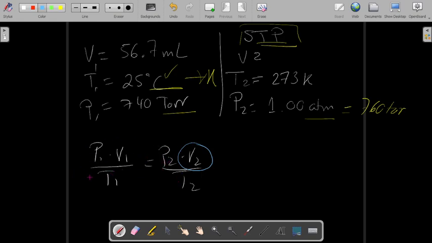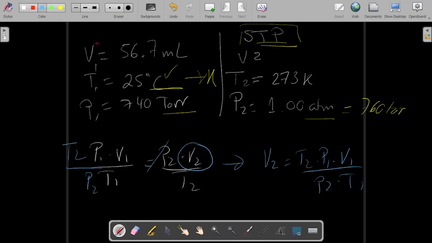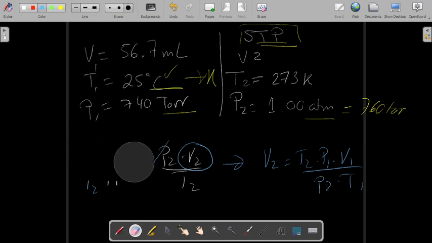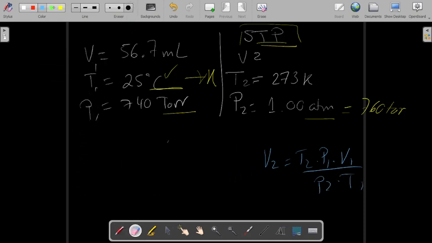Multiplying goes on the other side, dividing. Dividing, other side multiplying. And now I have modified my formula to find V2, which is V2 equals P1 V1 T2 over T1 P2. Okay, so I'm done modifying my formula. I just need to plug everything in.